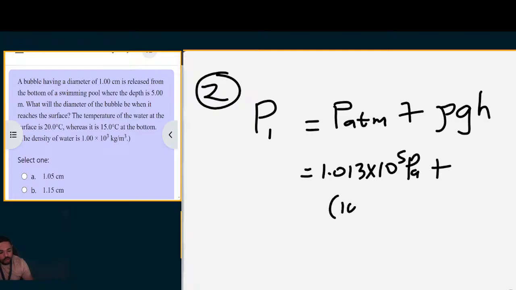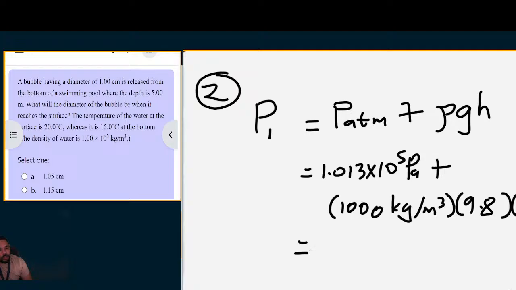That's 1,000 kilograms per cubic meter multiplied by 9.8 multiplied by the height, which in this case is 5 meters, and you get the pressure at the bottom of the pool. This is 5 meters here.